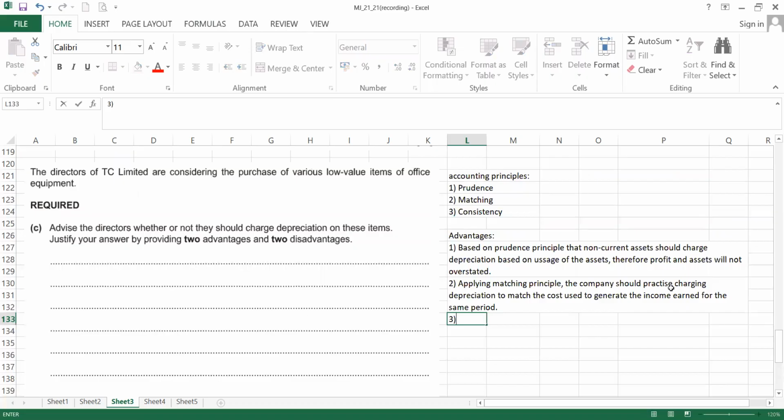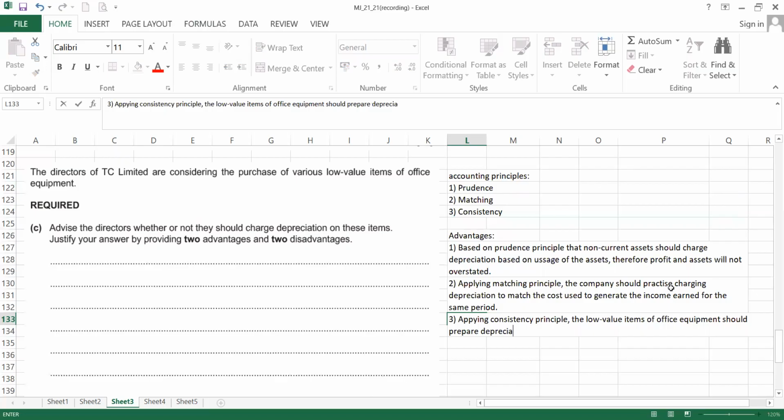So in terms of consistency, okay, applying the consistency principle, the low value items of office equipment should have depreciation prepared as other non-current assets.